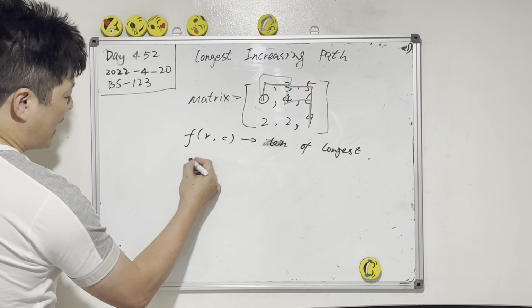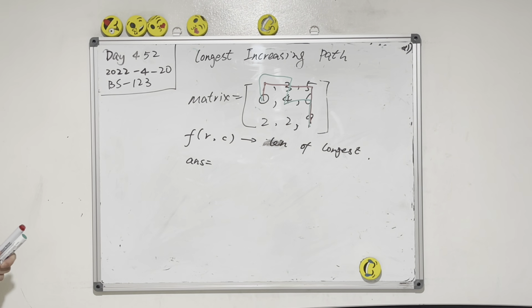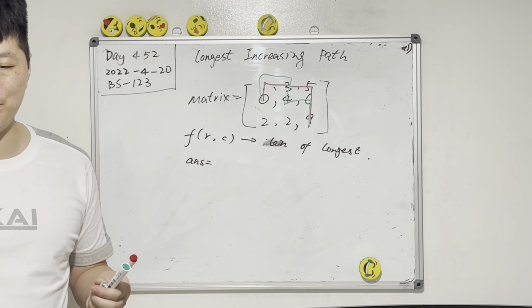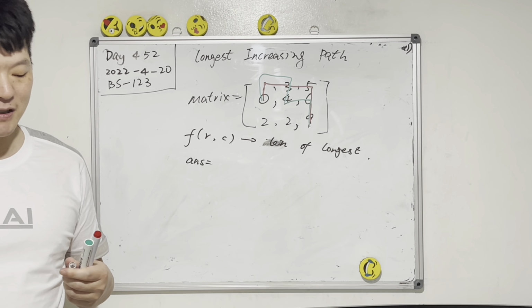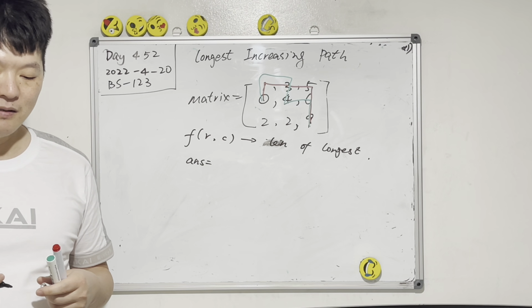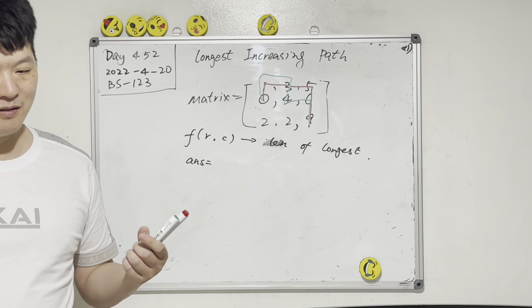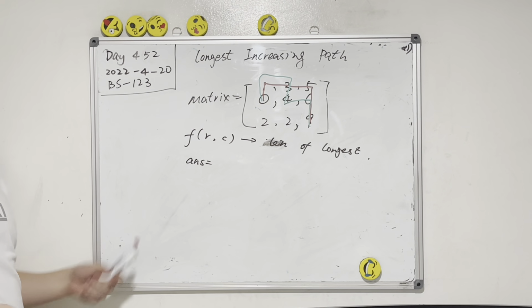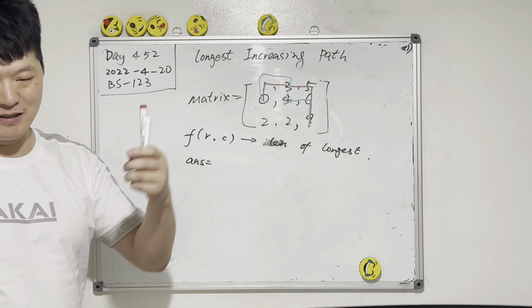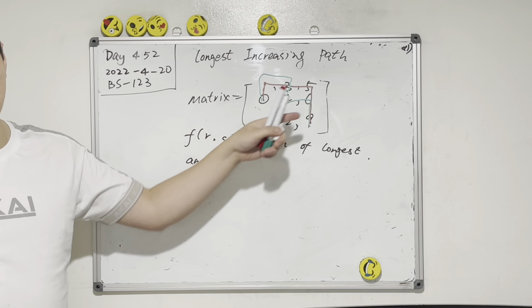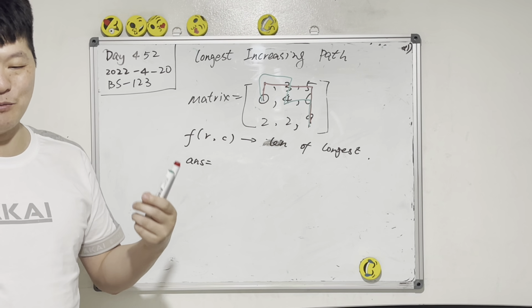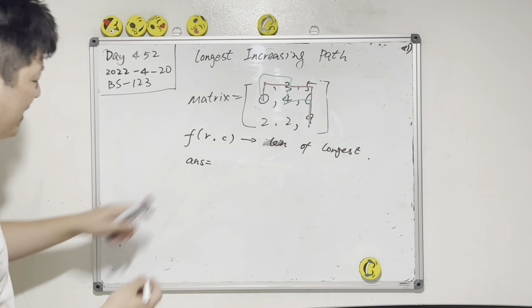So at the beginning, what's the minimum length of the longest path? 1. Yeah, exactly. You can start at any position and it gives us a path of at least 1, right? So answer equals 1.